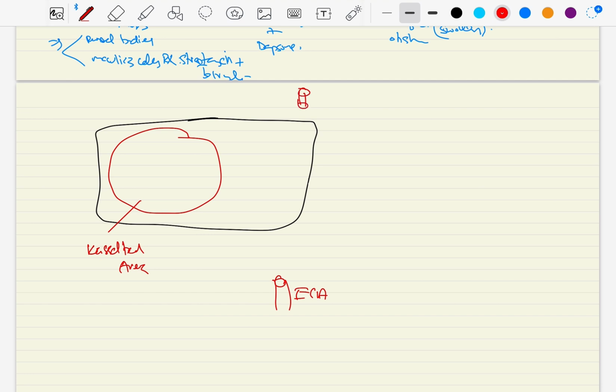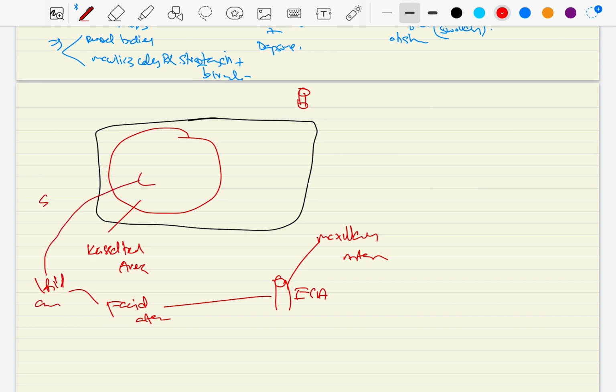This external carotid artery gives rise to branches like the facial artery and the maxillary artery. The facial artery gives rise to the labial artery, which goes and supplies the areas, the superior labial artery.